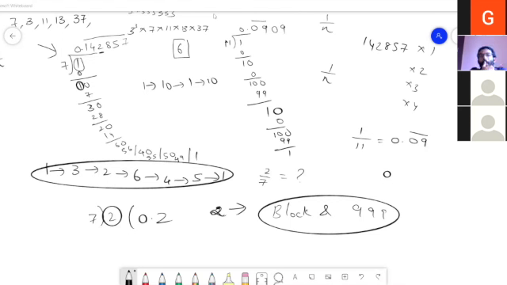Okay. For any n, can you find a sequence of nines which is a multiple of n? Exactly. But this can't hold for any n, no? Because if n is 2, for example, no multiple of 2 will ever be a sequence of nines, right?